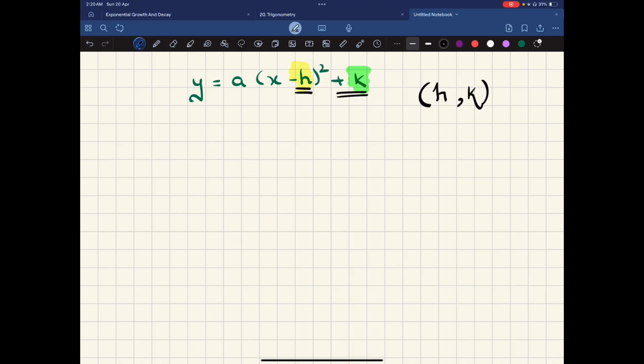Okay, let's do a couple of examples to ensure that you understand. So for example, if we have y equals (x minus 2) squared minus 3.